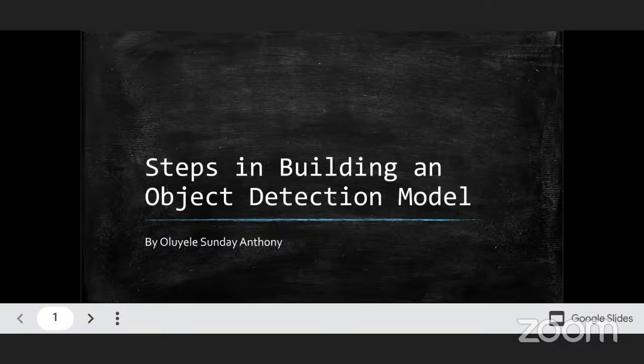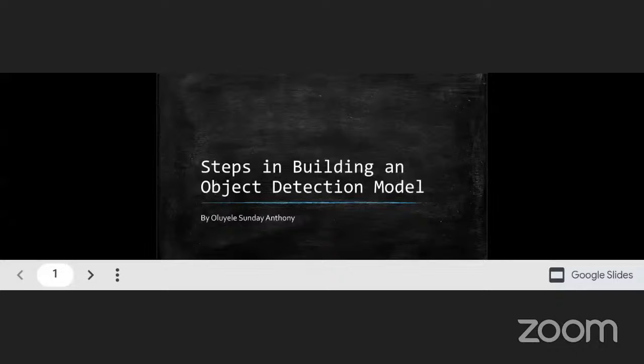My name is Oluyeye Anthony, and the topic of my presentation this morning is steps in building an object detection model. It is under artificial intelligence. I'll be going right into it.